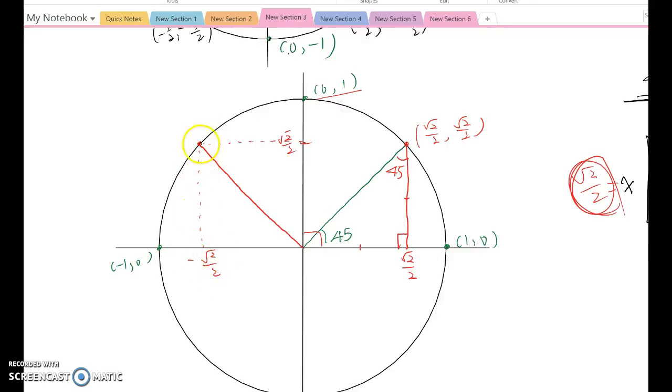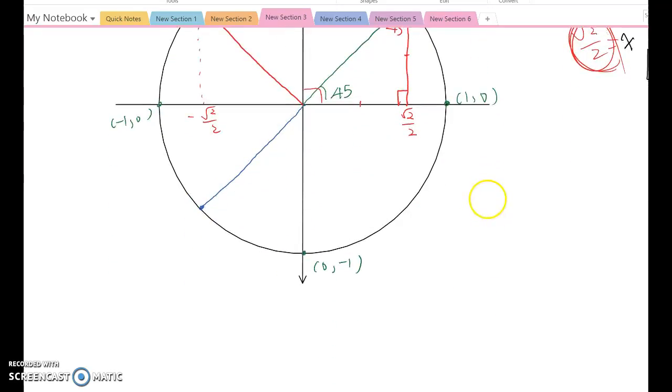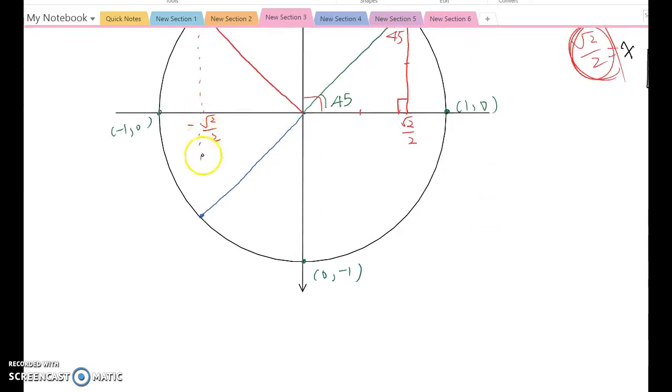So this ordered pair becomes negative root 2 over 2 and then root 2 over 2. And then 180, just negative 1 and 0. And 225 here, there will be negative root 2 over 2, and this also must be negative root 2 over 2.